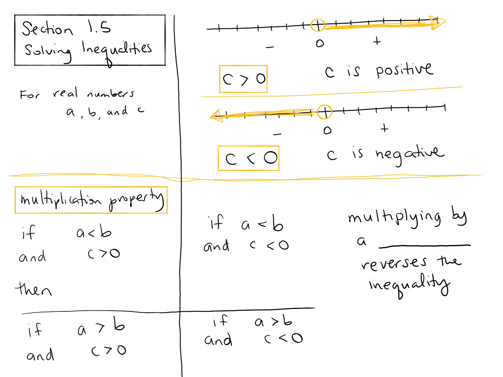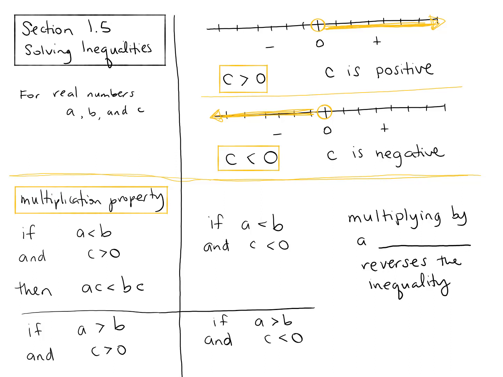Alright, so the reason we had to go over those definitions of positive and negative is because instead of writing the words positive and negative, they just write C is greater than 0 or C is less than 0 in a lot of these definitions. So when we're talking about the multiplication property of inequalities, we have the statement here that says if A is less than B and C is positive, then we have AC is less than BC.